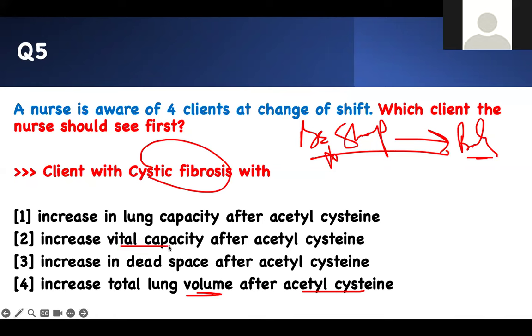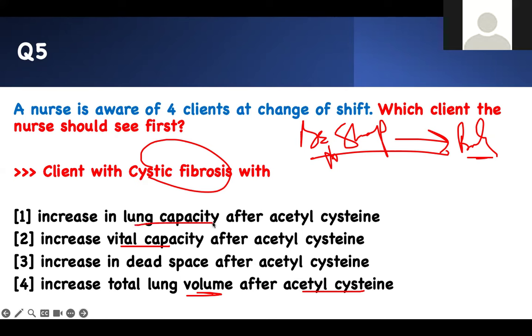Vital capacity also involves the total amount of air in the lung at the end of forced inspiration. After you take a large amount of air with force, the amount of air that comes out, right? Vital capacity.